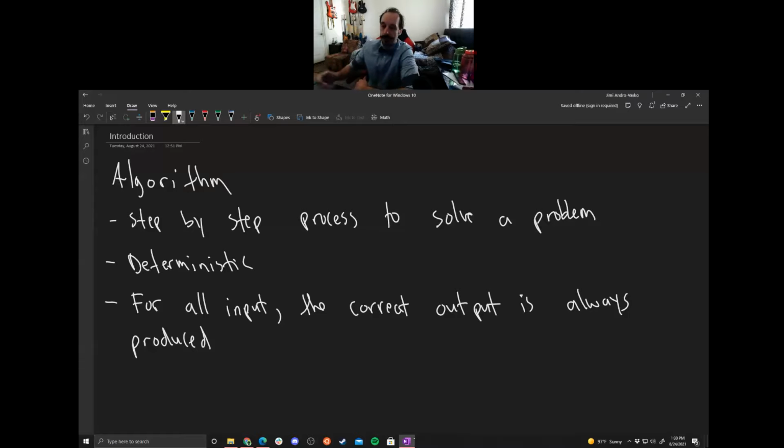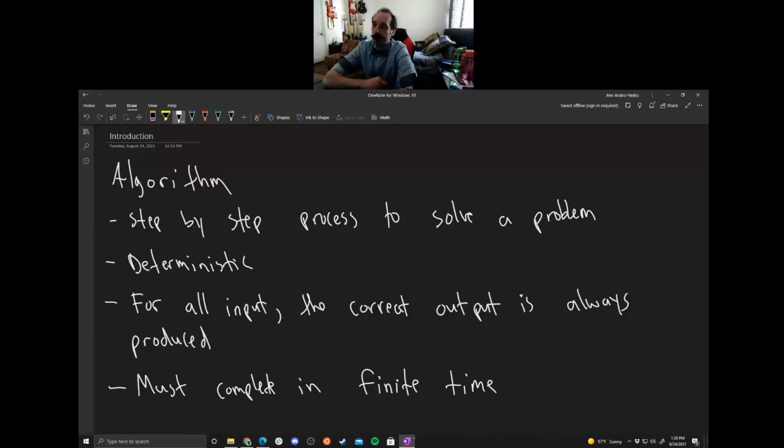So that's that. And also, it must complete in finite time, which is kind of a big, obvious bullet right there, because if, let's say, it takes forever to finish, you can't really tell if it worked or not. So think of this in 302.